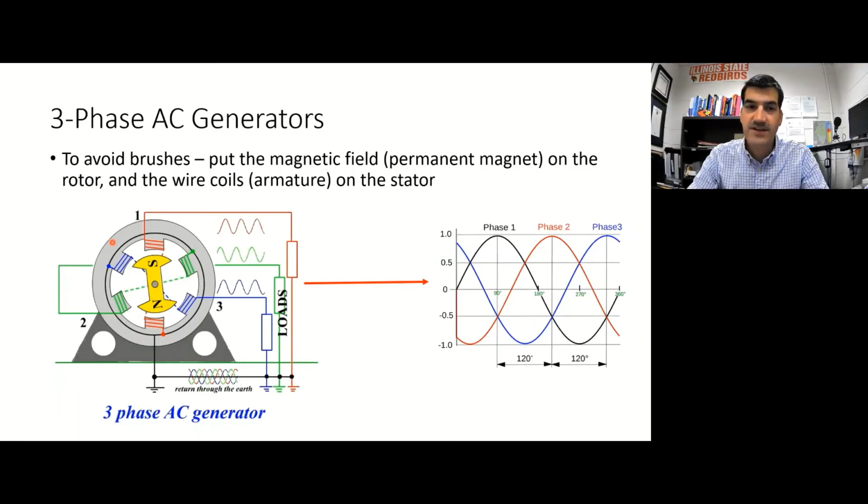So it's a good idea to put the armature on the stator, even if you are going to use an electromagnet for the magnetic field on the rotor. That's because even then, your brushes are going to last longer than if you put the armature on the rotor.